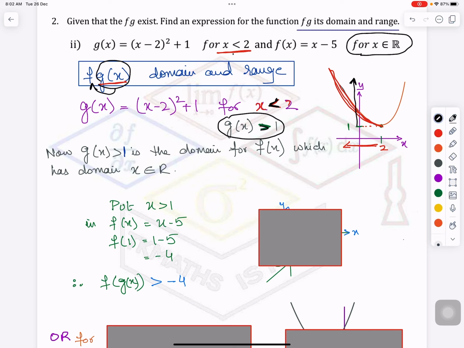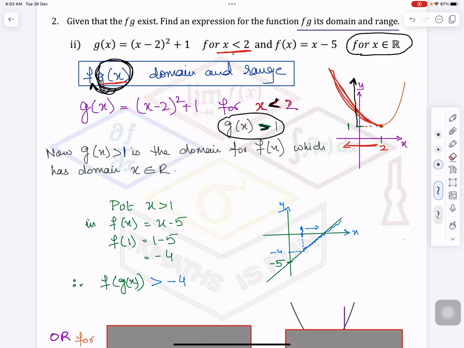Okay, so now I am putting x greater than 1 in function f. And I have just explained to you the reason here, because the range of g of x is the domain of f. So that's why I'm putting it here. And what did I get? Minus 4. Now why am I taking greater than minus 4? Again, you can visualize the graph here. This is your linear function, x minus 5. Function f, x minus 5, is your linear function.